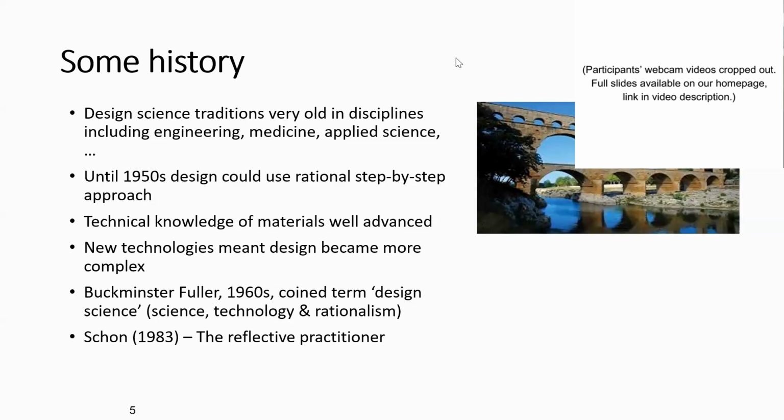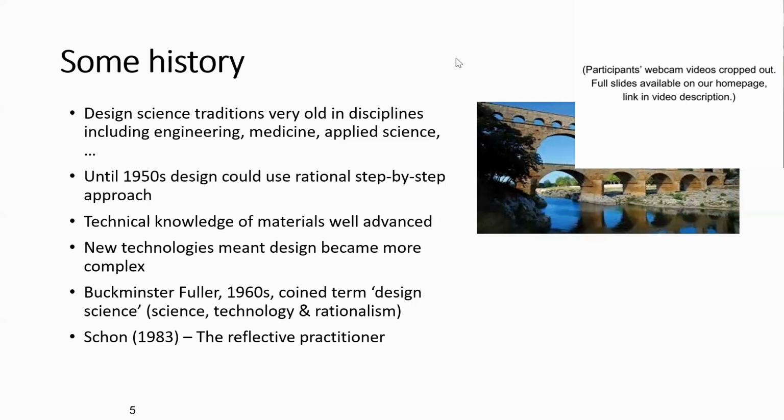But up until relatively recently, this type of work could be done using step-by-step approaches, a fairly rational approach. So, for example, if you wanted to build a bridge, such as the Roman aqueduct, you had the knowledge there, and it was maybe written down, or it was in people's heads. But it wasn't that difficult to capture the knowledge and pass it on.